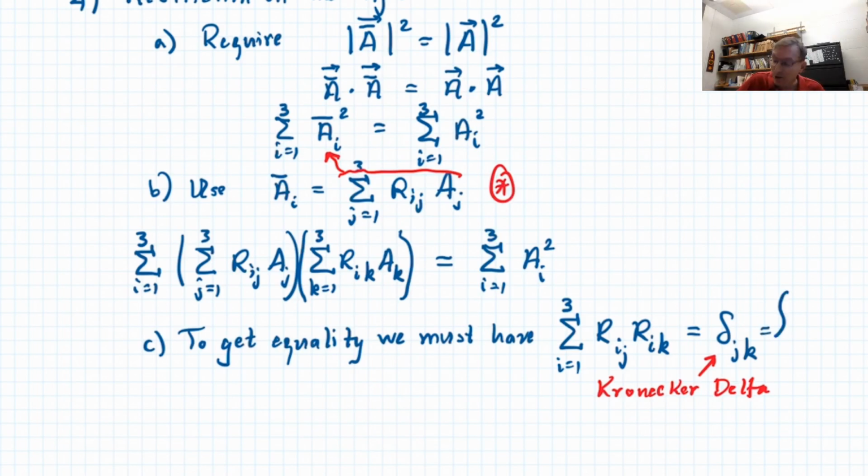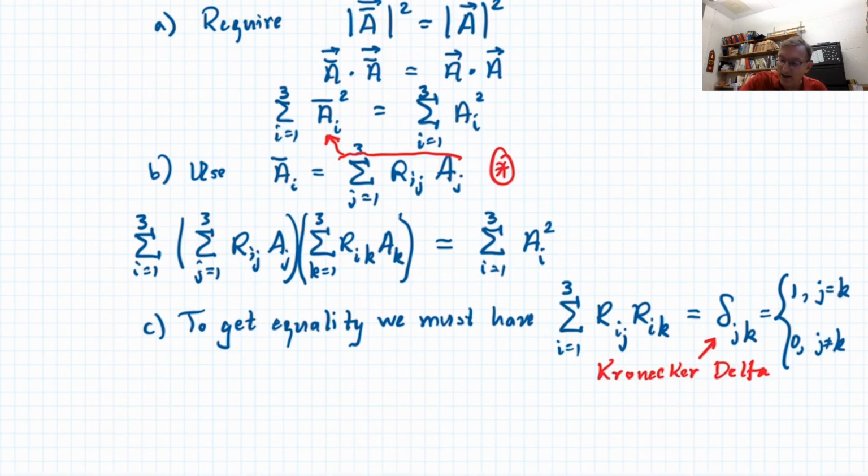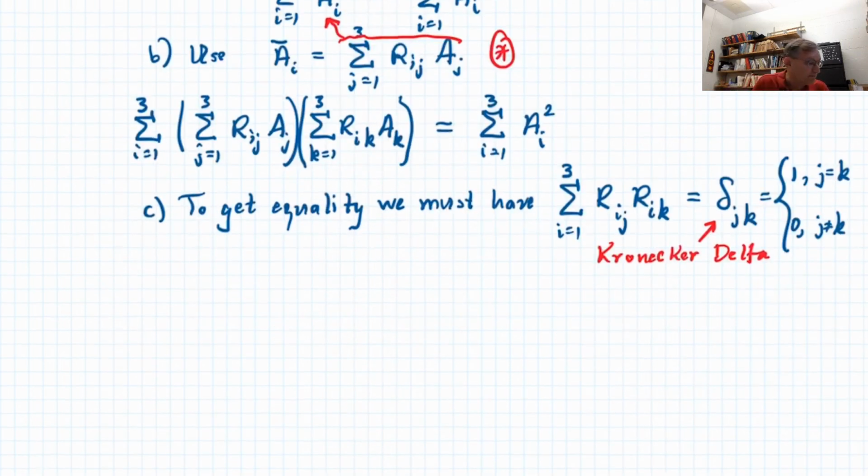Namely, delta jk equals 1 if the indices j and k are equal, and delta jk equals 0 if the indices j and k are not equal. Very simple property. But I contend that with that property, I'm going to be able to get the two sides of this expression to actually be the same.